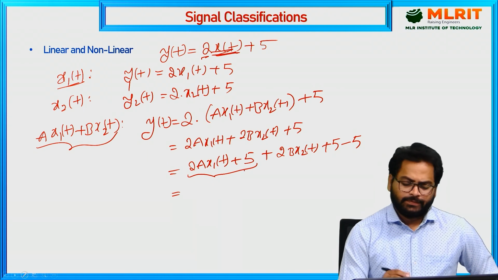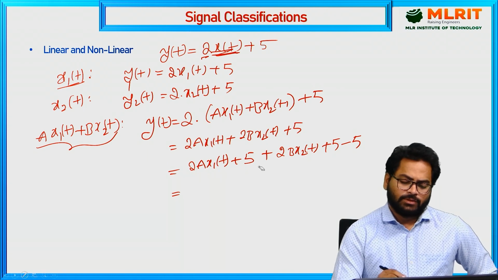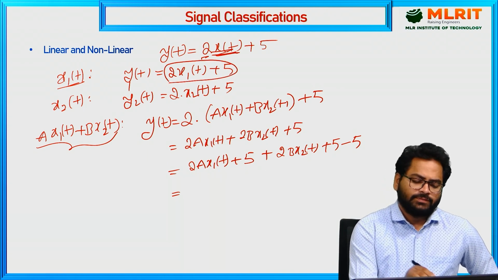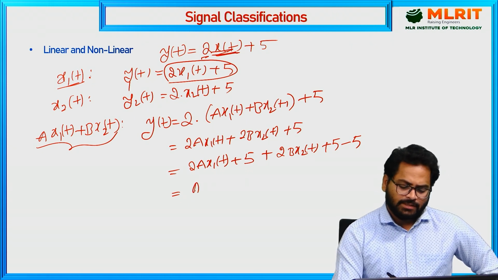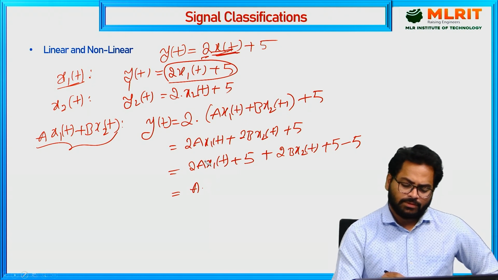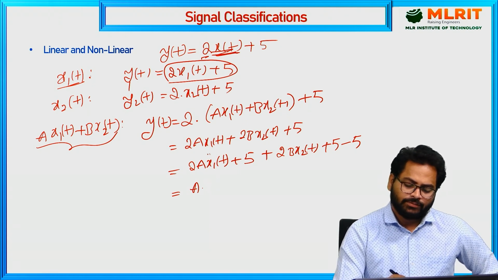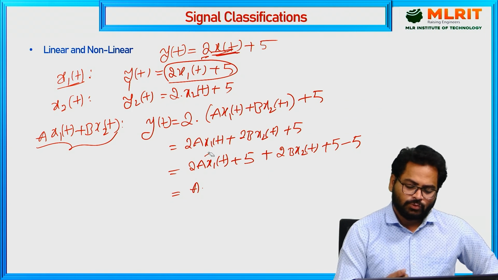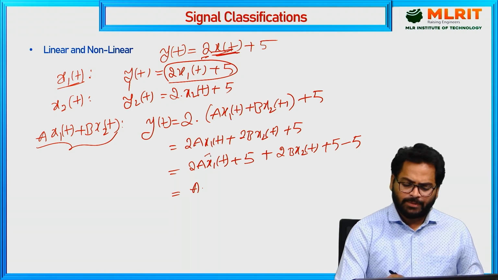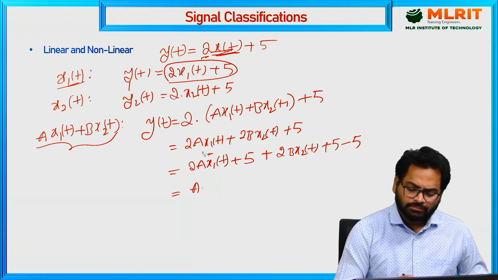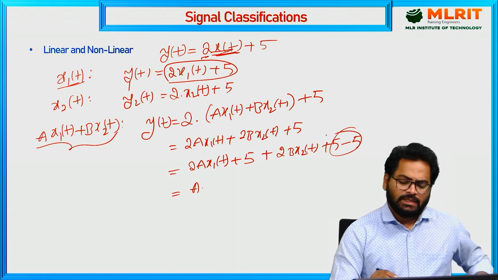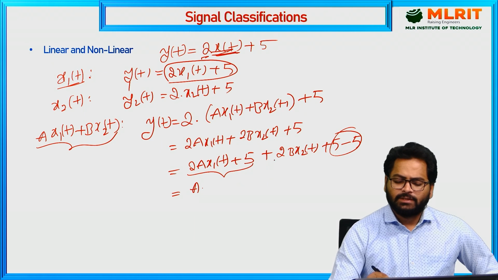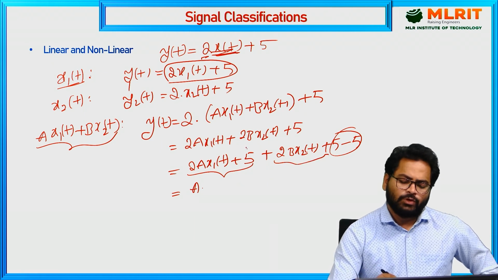No, we cannot write that directly as a into y1 of t, because we need to take the common term from this one. You need not take this one, because we cannot represent it, since we have only one phi over there.